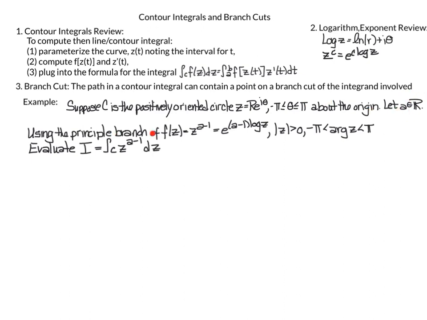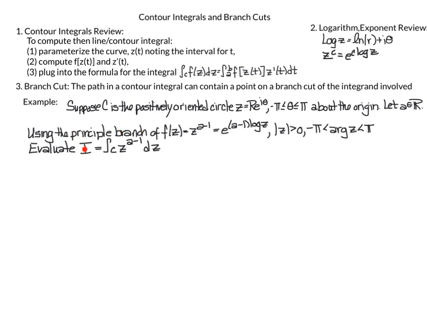Using the principal branch of f of z equals z to the a minus 1, which using our definition of a complex number to an exponent is equal to e to the a minus 1 log of z, and our principal branch is going to tell us that the modulus of z is greater than 0, and the argument of z, in other words, the theta associated with the z, is going to be between negative pi and pi. Remember, this is the restriction that makes it the principal branch.